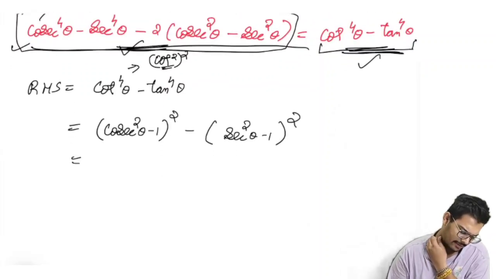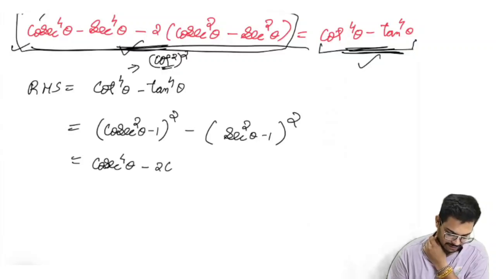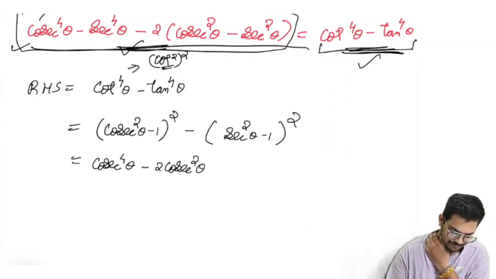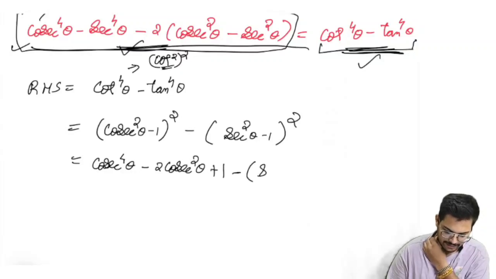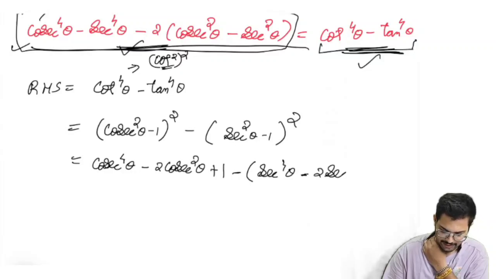That is a minus b the whole square, that is a square: cosec raised to 4 theta minus 2 times cosec square theta plus 1, minus of sec raised to 4 theta minus 2 times sec square theta plus 1.